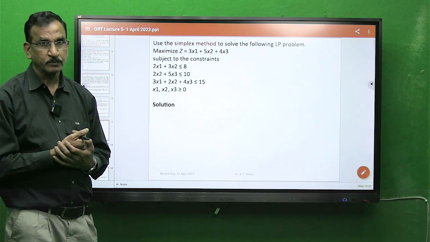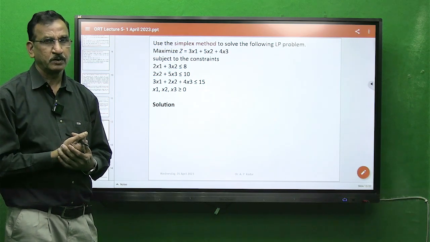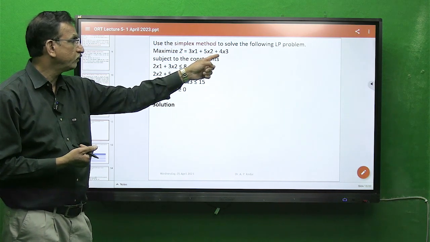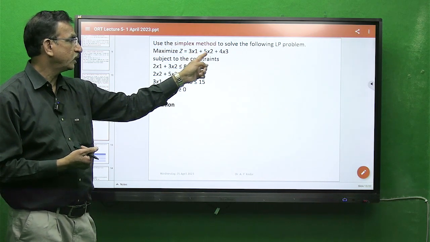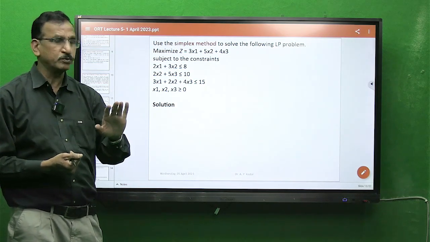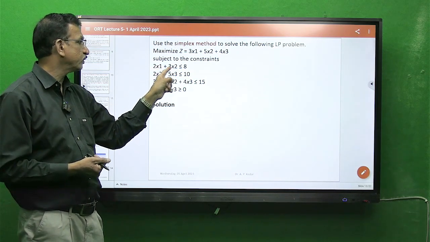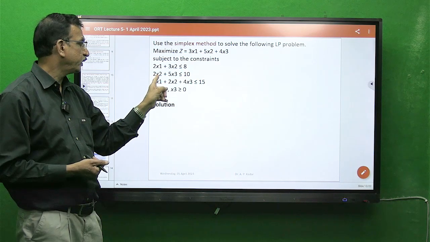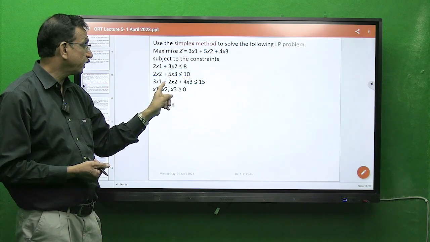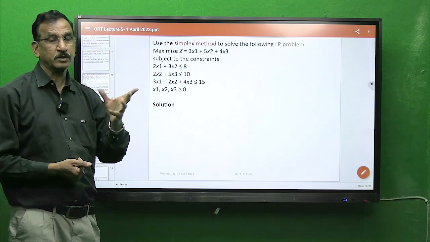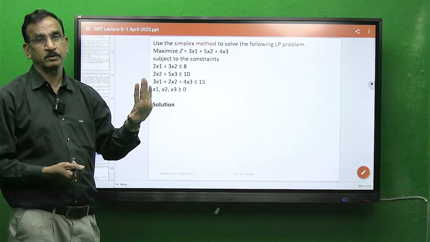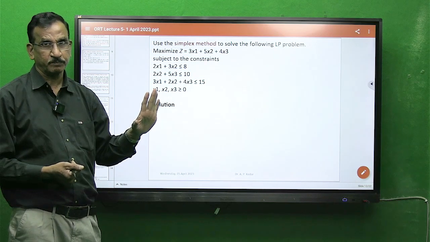Why? It's very simple. Here you are using 3 variables, x1, x2, x3. Students get confused. Here they find only x1, x2. Here they find x2, x3. And here they find 3 variables. So there is a lot of confusion. Sir, somewhere here 2 variables are given, somewhere 3 variables are given.